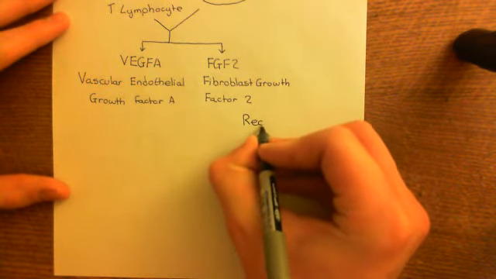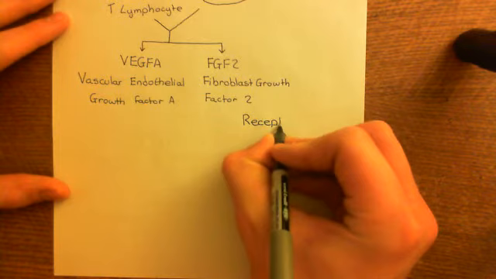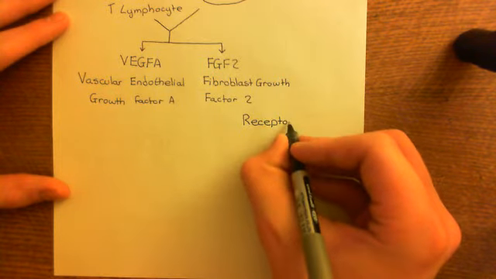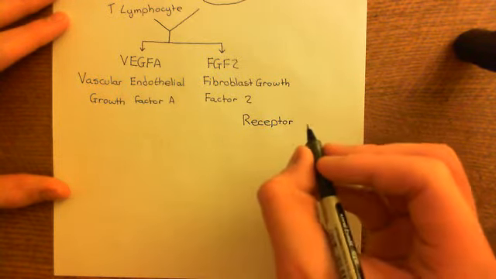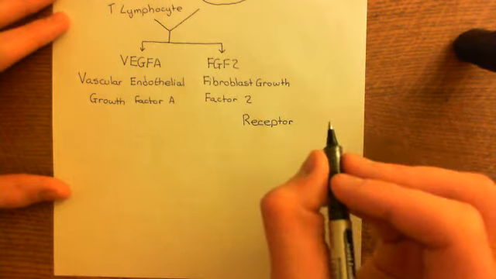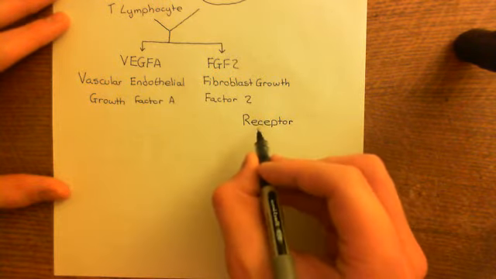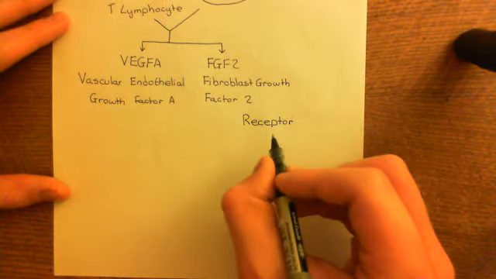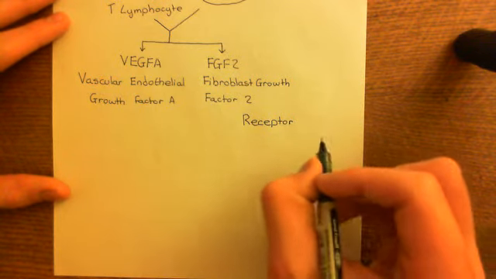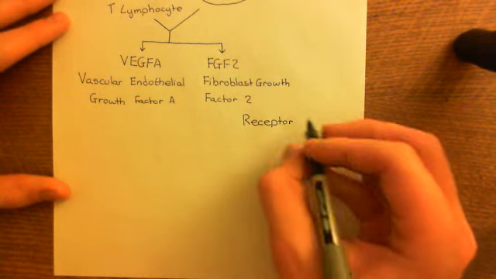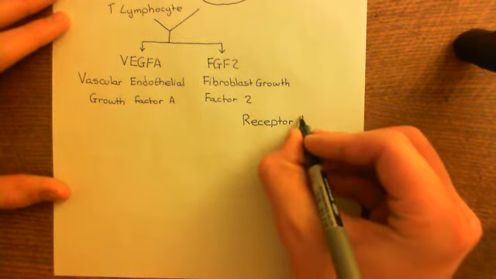Okay, so this is a type of receptor that works by having an intracellular tyrosine kinase, which when the ligand binds to the receptor is going to activate the intracellular receptor tyrosine kinase, which will then cause intracellular changes, which we'll see in a moment.